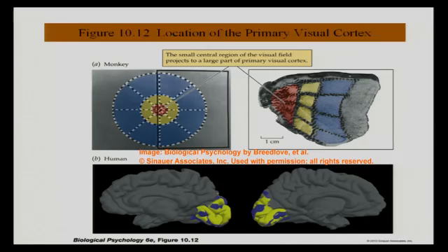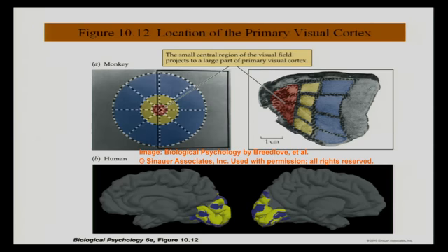This has a term, it's called the magnification factor, how much a particular area is magnified with respect to other areas. And in fact, you can do really cute experiments in the primate cortex. You can show images that have rays and concentric circles that are presented to the visual field of a monkey, and then you can look at the activity in the brain of the monkey and see how those rays are represented.